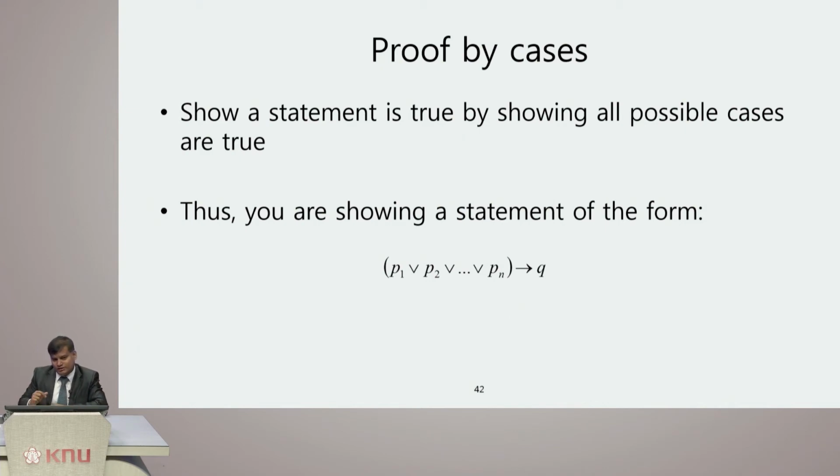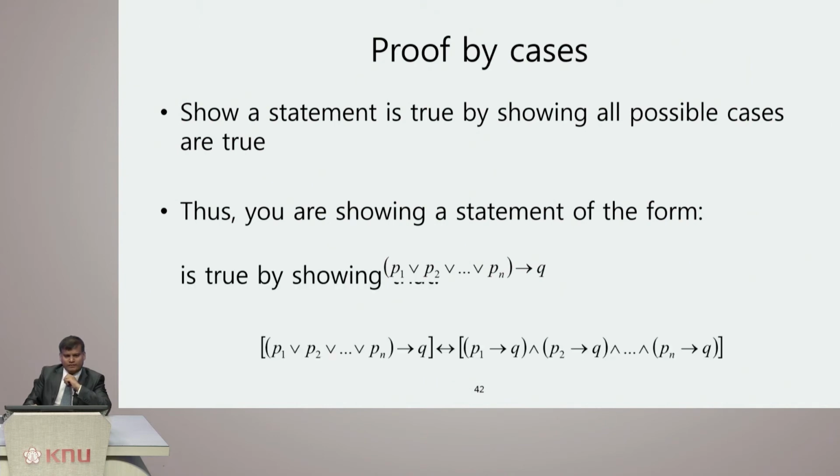As you are showing a statement of the form P1 or P2 or P3 till Pn implies Q, you are showing the whole thing is true by showing all possible cases are true. All possible cases should be true.